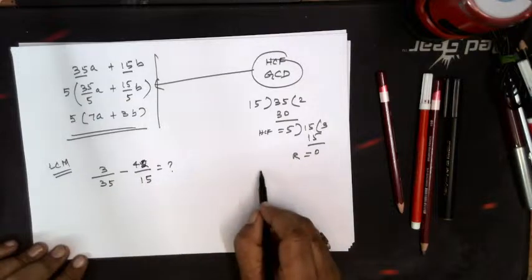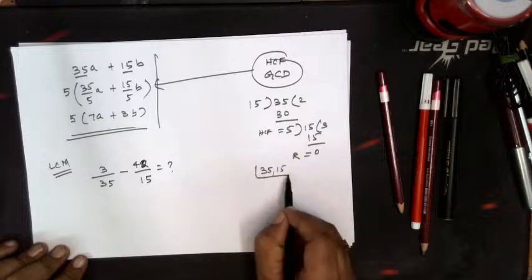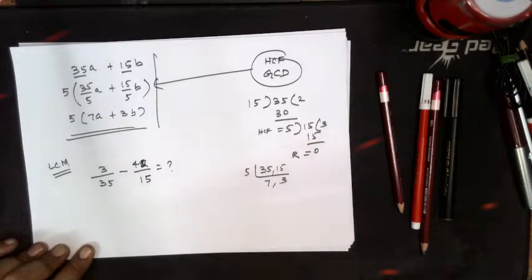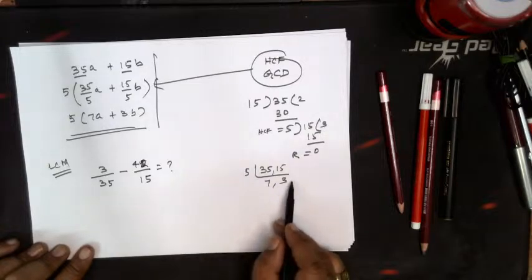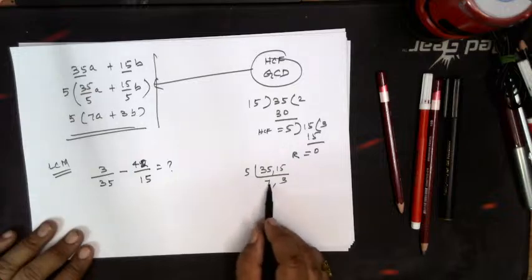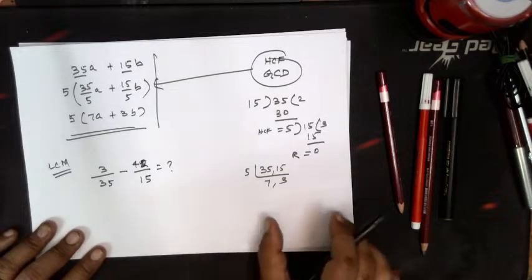How to take the LCM? 35, 15. Take the LCM: 5, 7, 3. In that case you have to multiply all the factors here. Nothing is repeated. So 5 into 7 into 3, the least common multiple.